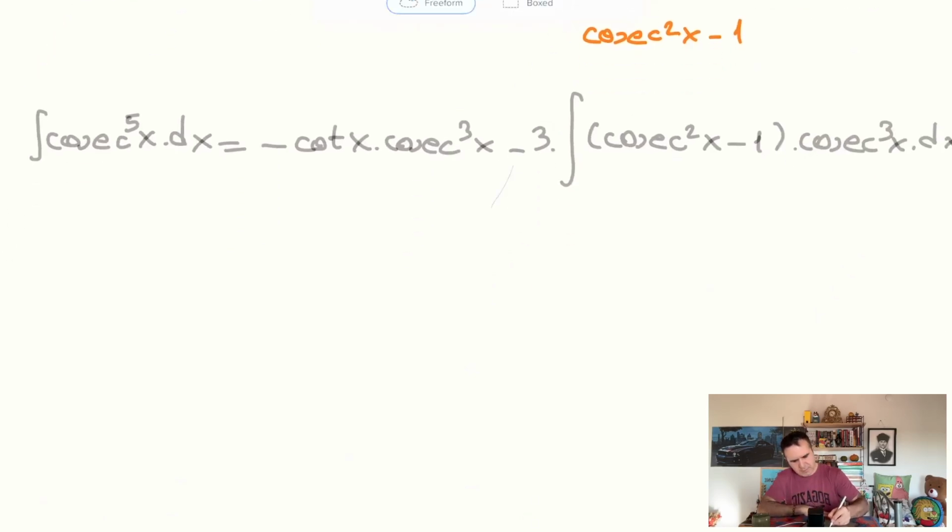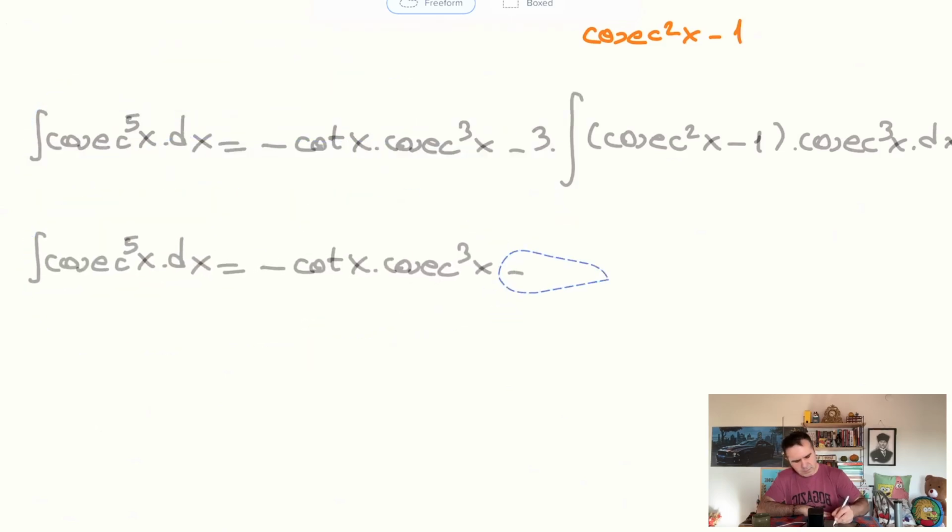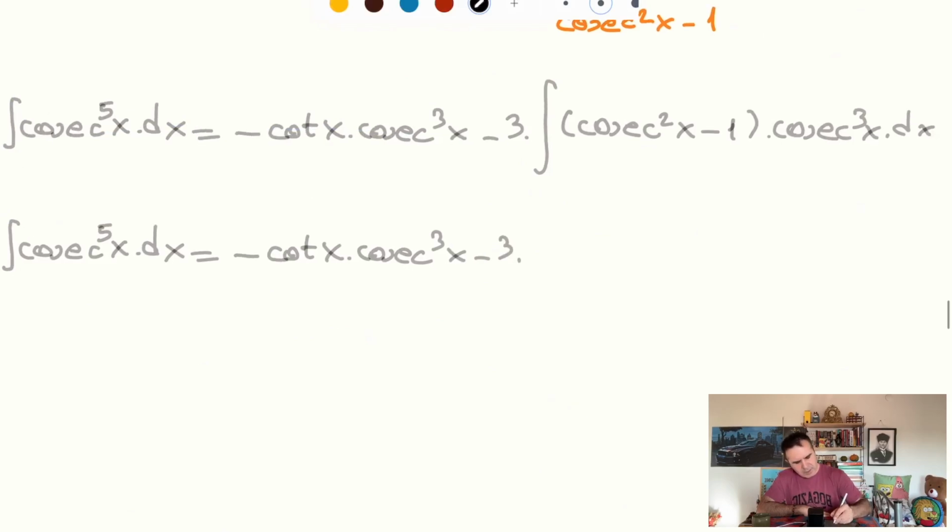Then this will become 3 times integral of cosecant to the power of 5x minus cosecant cube x dx.